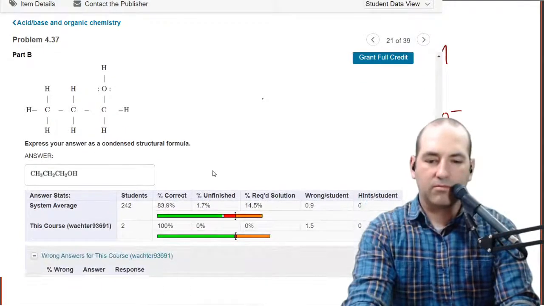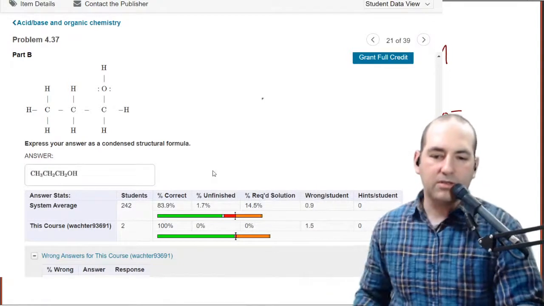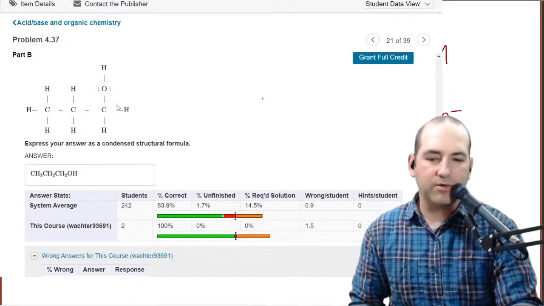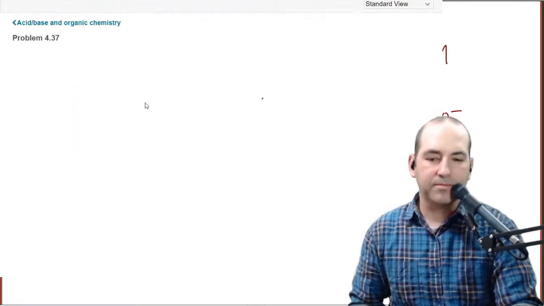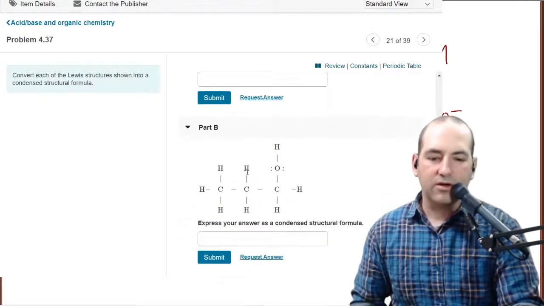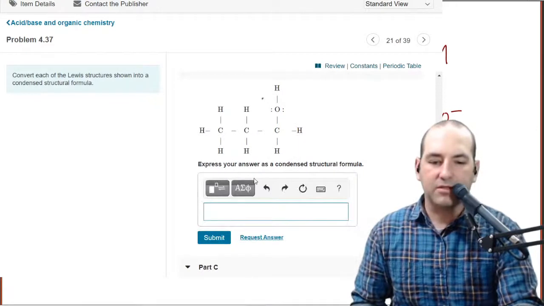Part B. All right, 21 part B says, again, to make this a condensed structural formula. Actually, wait, let me see what the original one looked like here. All right. So you have to put this into a condensed formula.